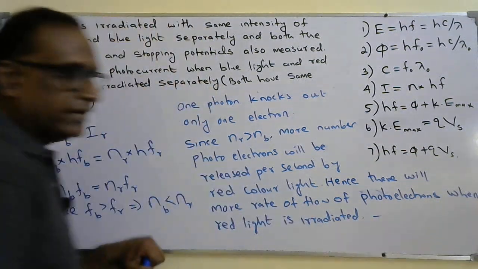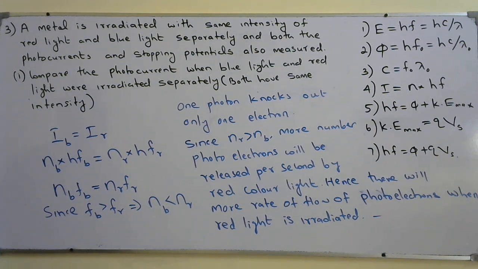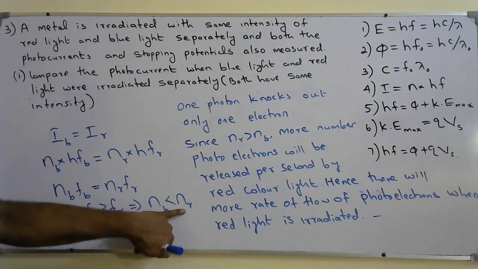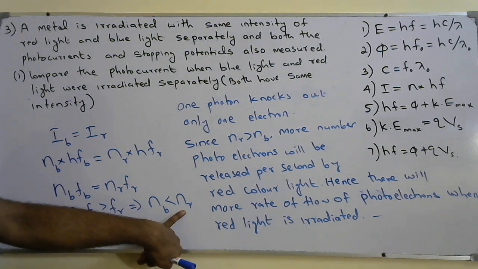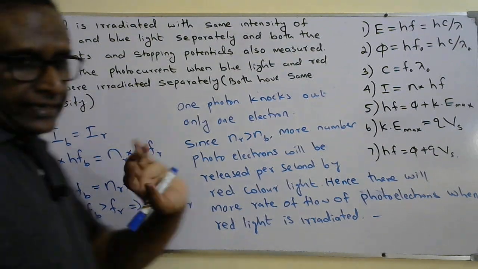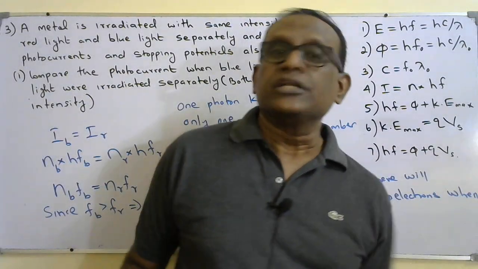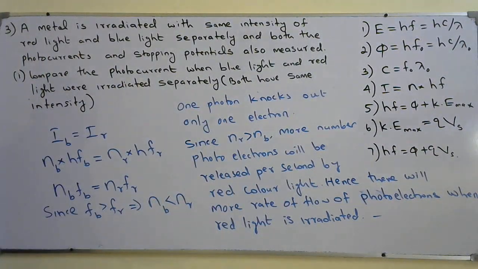So finally you can give the conclusion: photocurrent will be more when red light is irradiated. Photocurrent will be more because the rate of flow of photoelectrons is more, because more red color photons are falling on unit area per second. So the photocurrent due to red color light will be more than blue color light.